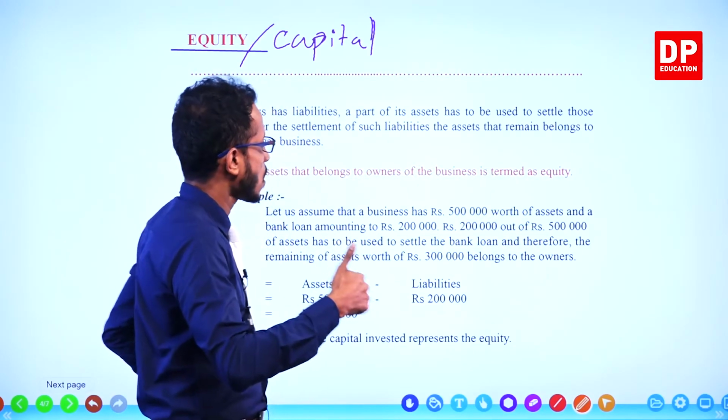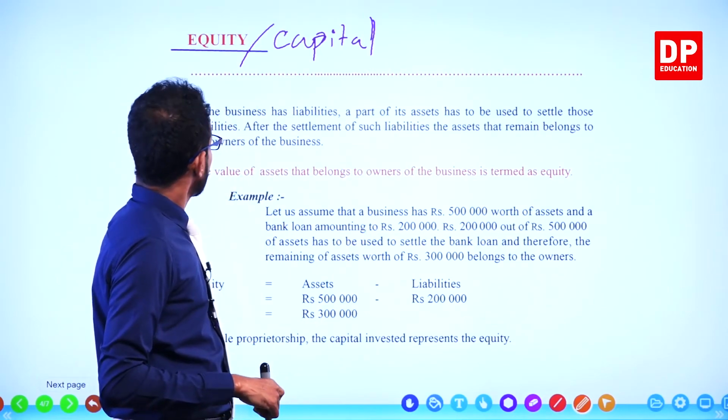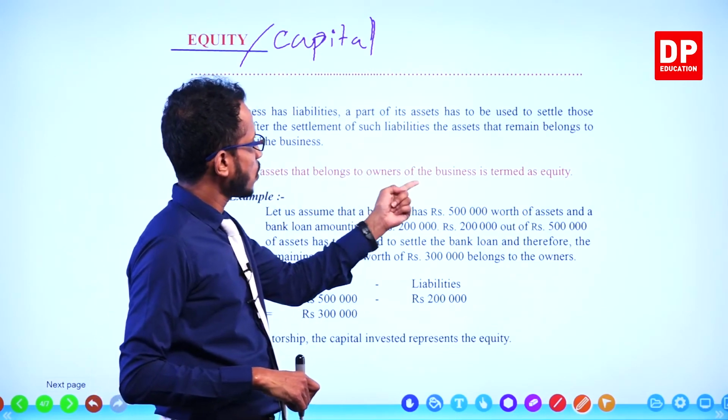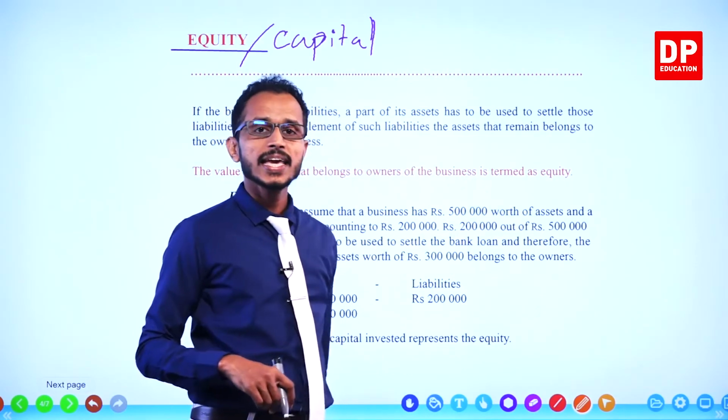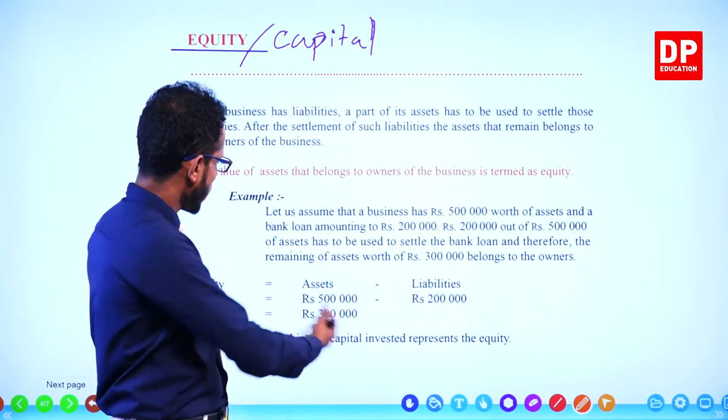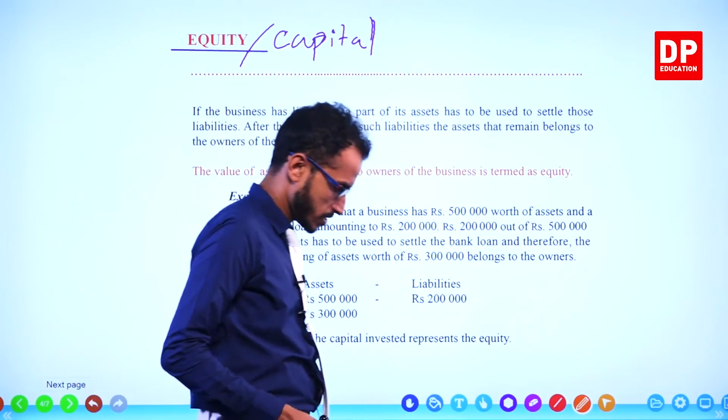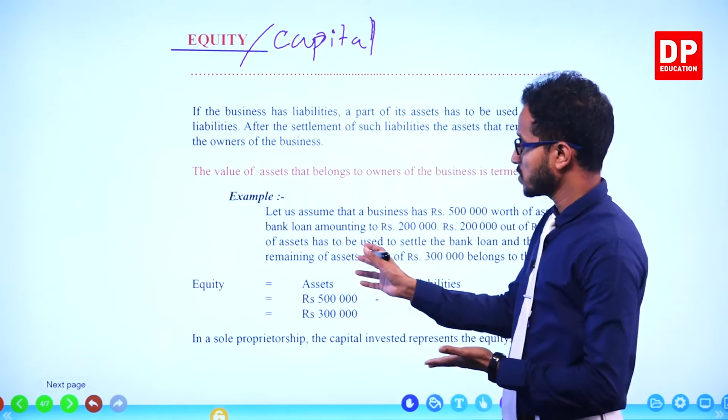Got it? Good. The value of assets that belongs to the owners of the business is termed as equity. Fine. Here you go, this is what I explained. This is in your textbook, children. You can refer to this example.